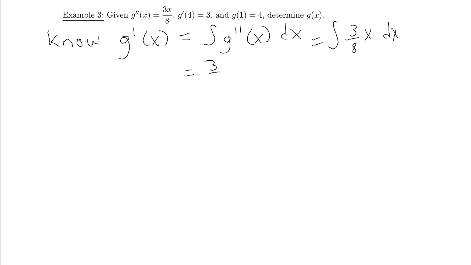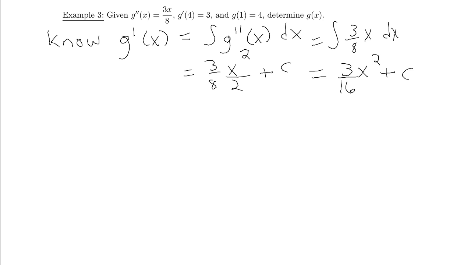So 3 over 8, the antiderivative of x is x to the power of 2 divided by 2, and then we have to add a constant to that. Let's simplify this a little bit. We get 3 over 16, because 8 times 2 on the bottom is 16. So 3 over 16 x squared plus a constant c.